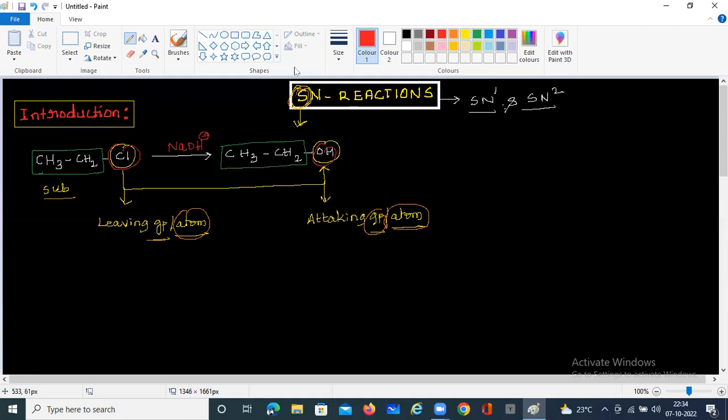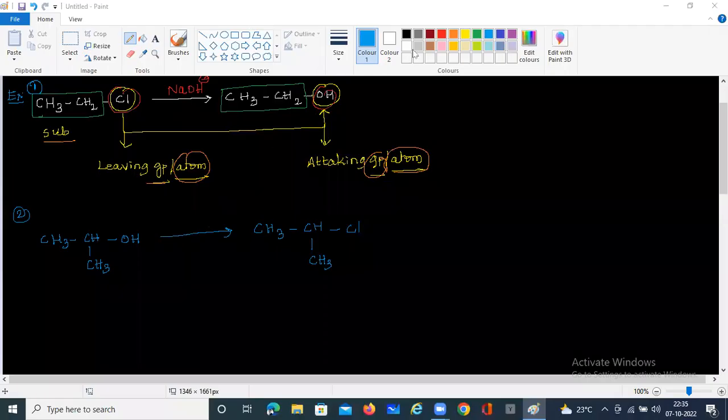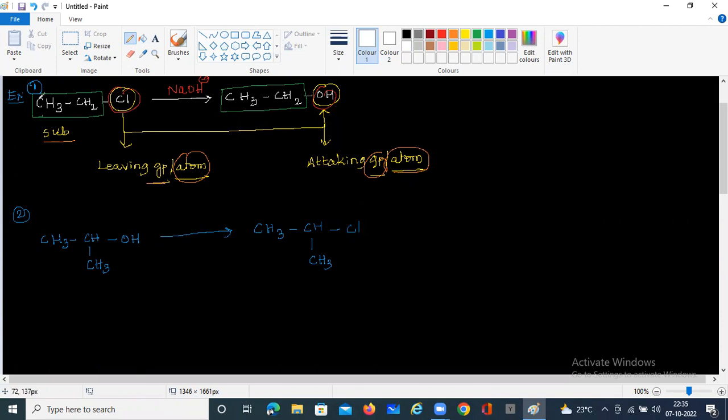Let us check one another example. What are we going to observe compared to the first example and this second example? Here the chlorine atom is replaced with the OH group, and here the OH group is replaced by the chlorine atom, isn't it?